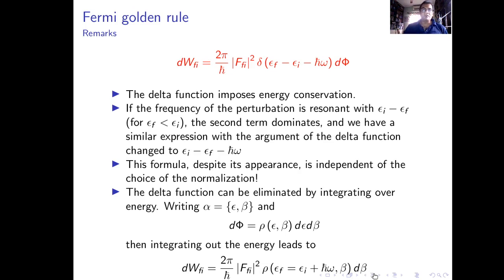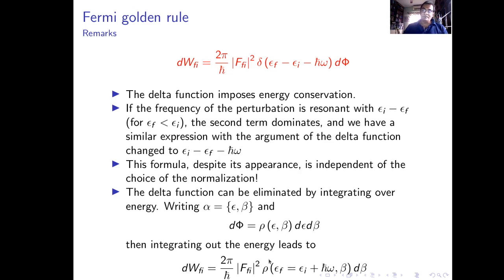So now we are talking of a bunch of states all with energy epsilon I plus h cross omega, but with other labels varying over the range beta to beta plus d beta, and we are asking what is the probability of transition to those states.